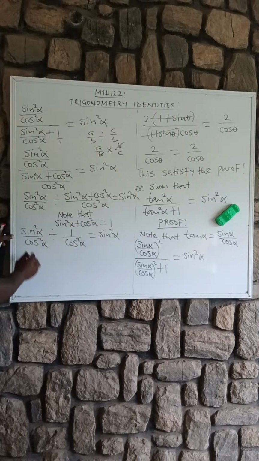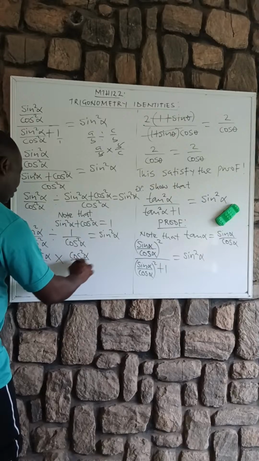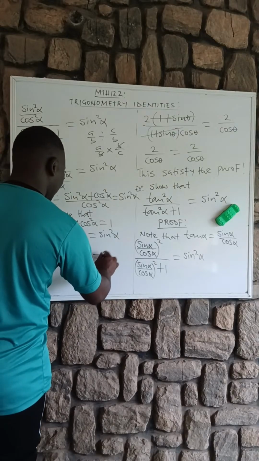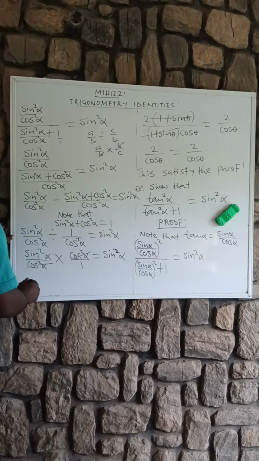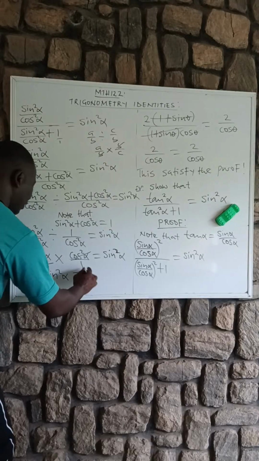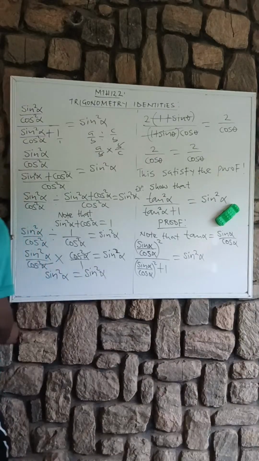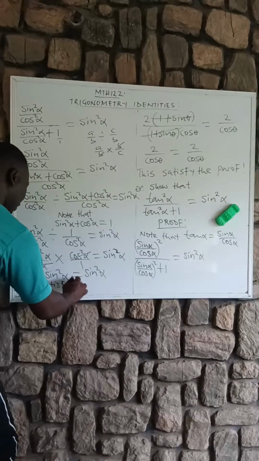So our sin square alpha all over cos square alpha, if we convert it to multiplication, times cos square alpha all over 1, is equals to sin square alpha. This and this will go. So you can now see that we'll be left with what? Sin square alpha is equals to sin square alpha. And this satisfies the proof.